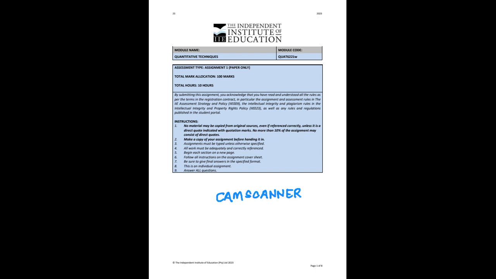It converts it for you individually, so you'll convert each page as you take a picture. You can crop it, do whatever is necessary, and then it just compiles it into one document for you. So it already is in PDF format. Then you just choose the option of share PDF at the bottom of your screen, and you can email it to yourself, save it, and upload for your assignment submission.